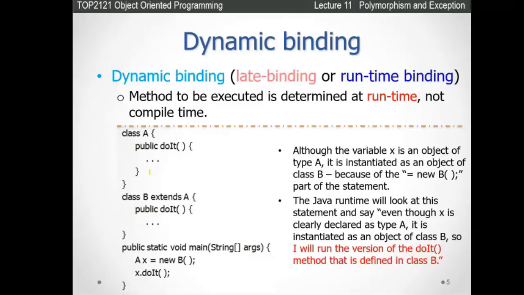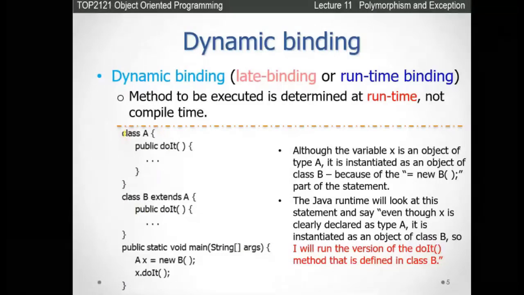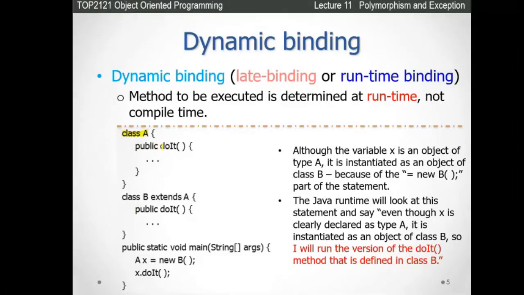If you look at these classes, class A has a function named doIt. Class B extends class A, which means it is the child class and class A is the parent class.